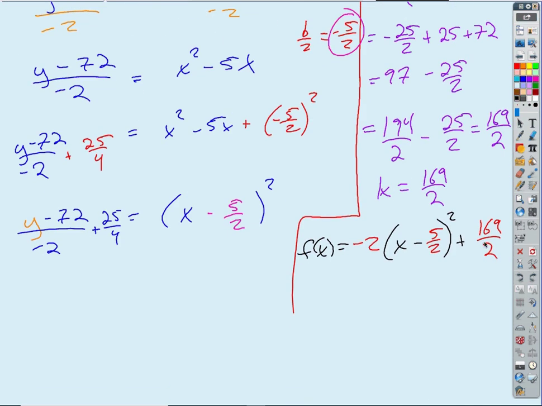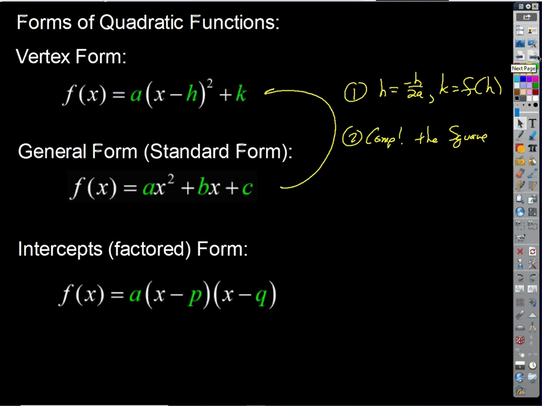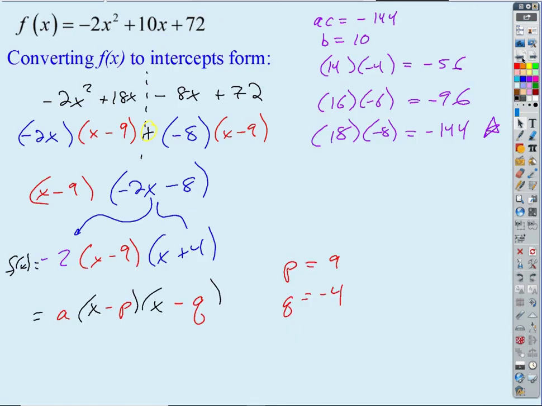Either way, you can either do it algebraically by completing the square, or you can calculate these values of a, h, and k and plug them in. Okay? So we summarize that by saying that to go from standard form to vertex form, we had these two options, either calculate h and calculate k, or complete the square. If we wanted to go from standard form to intercepts form, that's just factoring, right?